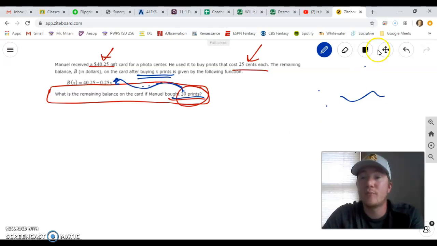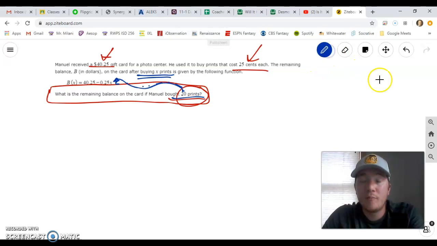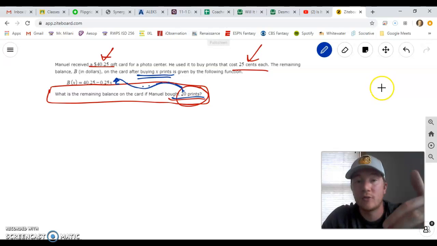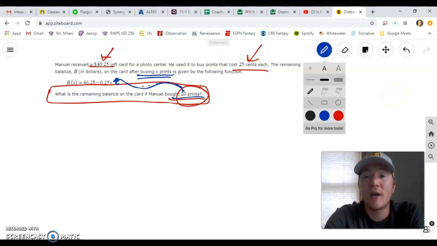Okay, X represents your prints. So all we've got to do here is basically just one step of the same problems up above. To fill out a whole table, you had to do this 4 or 5 times. Do one word problem, it's just going through it once. So 20 is going in for X because X represents the prints.